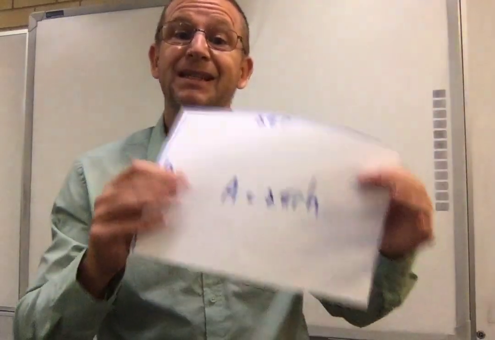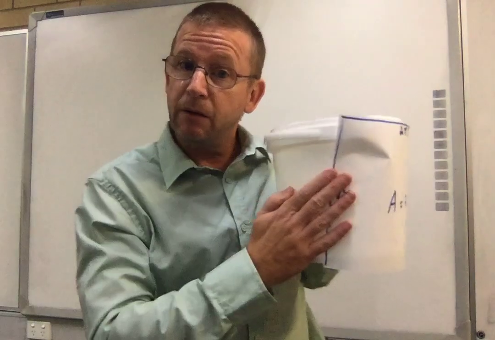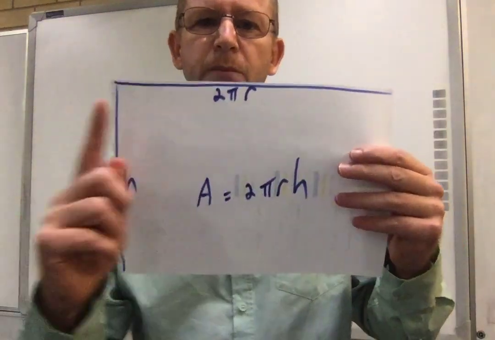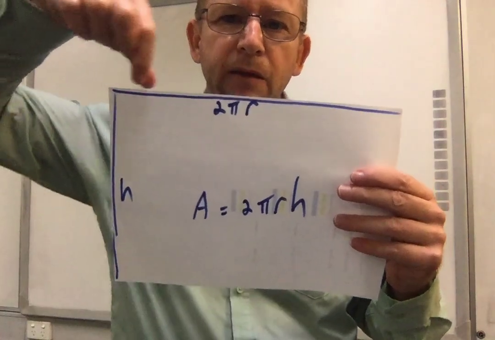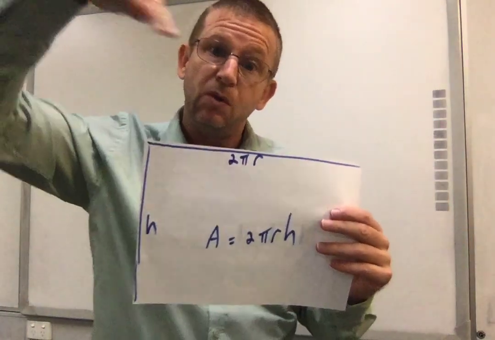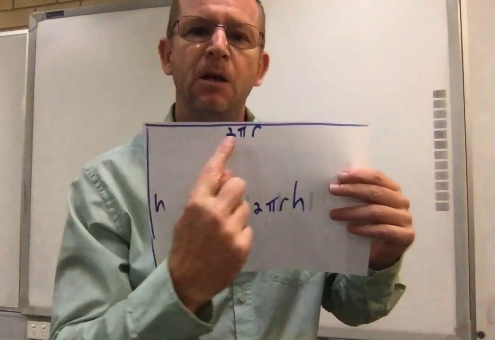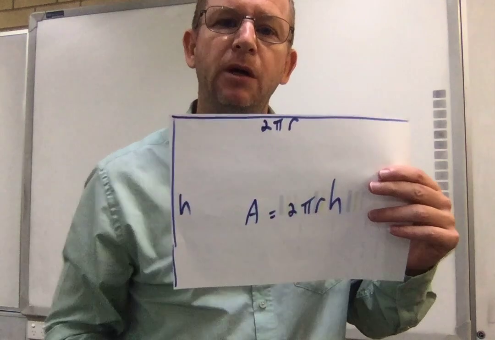So, same rectangle from around the cup. The area is going to be the length. We worked out that this length was the circumference of the top circle, or the circle around the base. Circumference is 2 times pi times r.